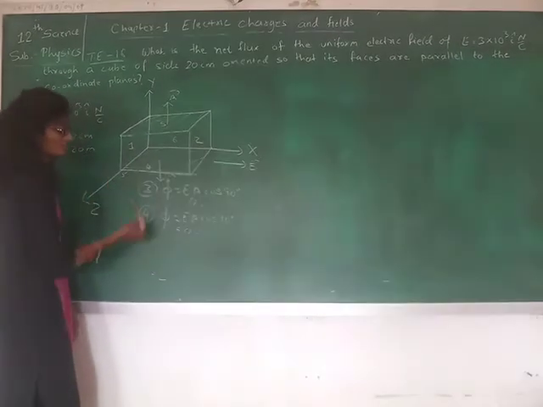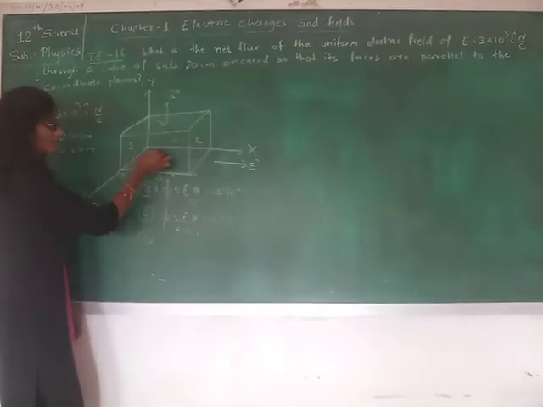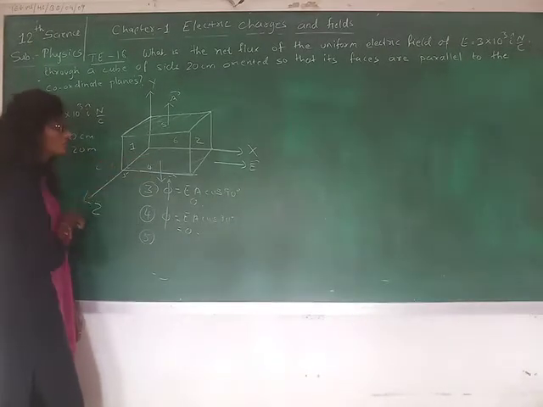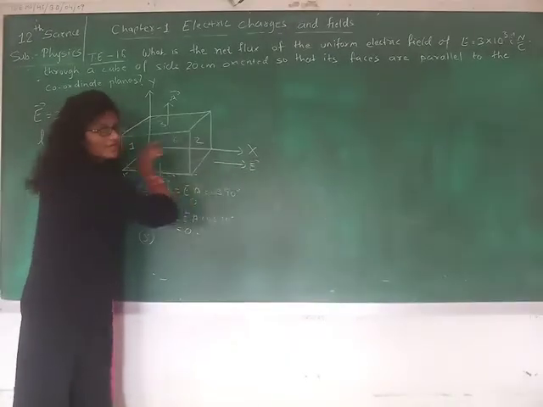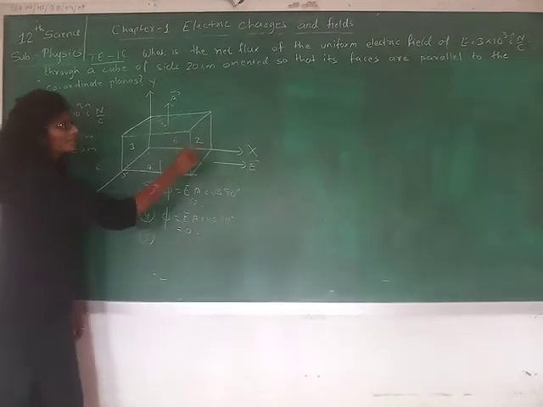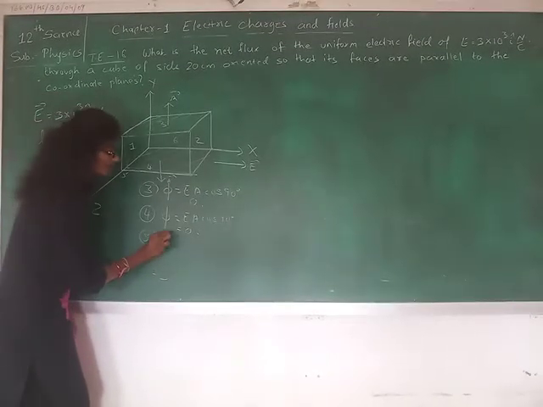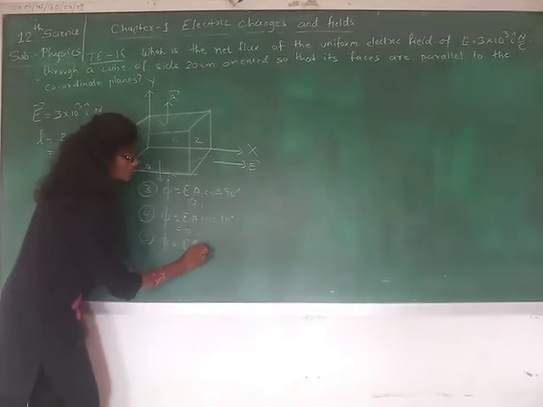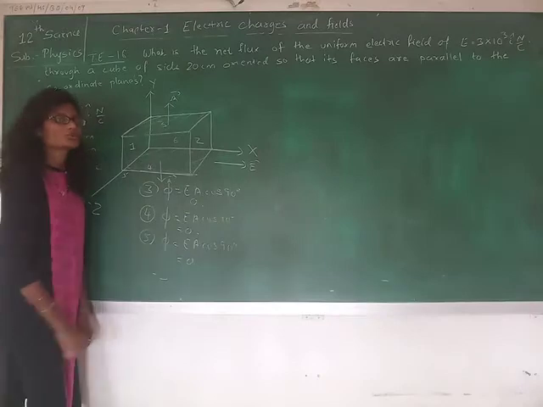For the front face, that is face 5, the area vector will be along the z axis, right? And electric field along the x axis. Again the angle between electric field and this area vector will be 90 degree. That is EA cos 90 degree. Again that will be 0.